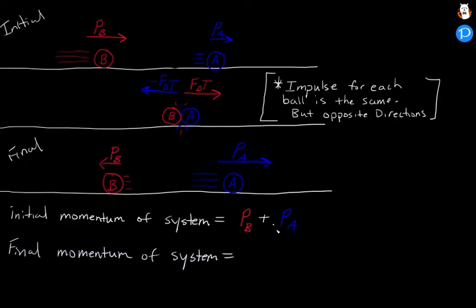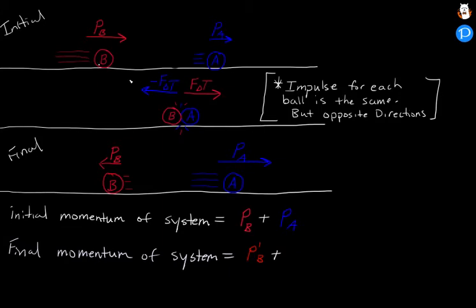We would say the new momentum, so P prime, basically saying the momentum that it changes to for B, plus the new momentum of A.